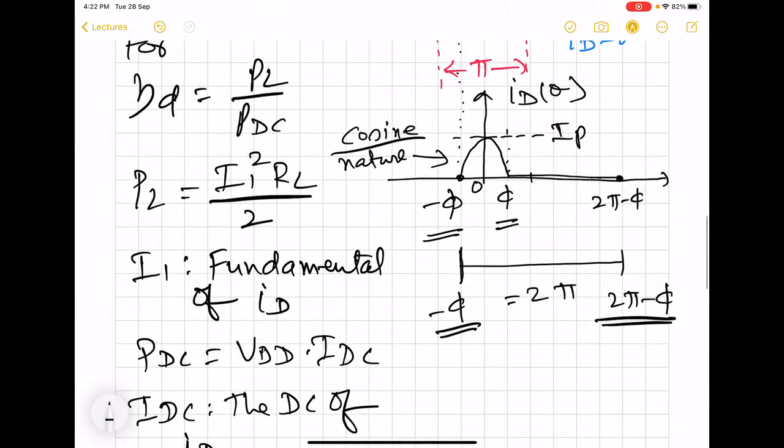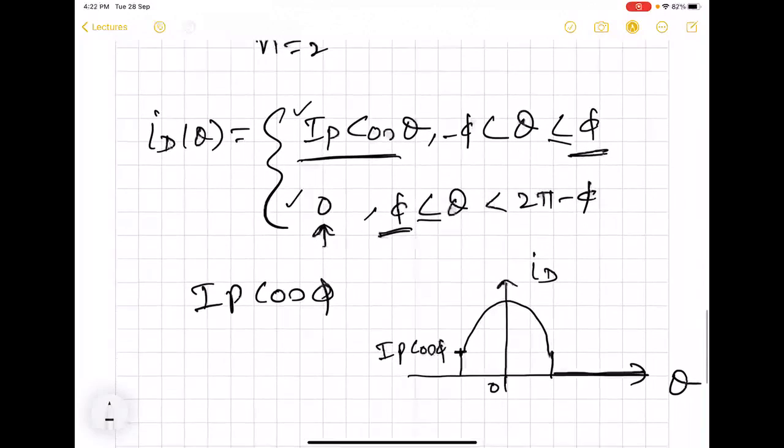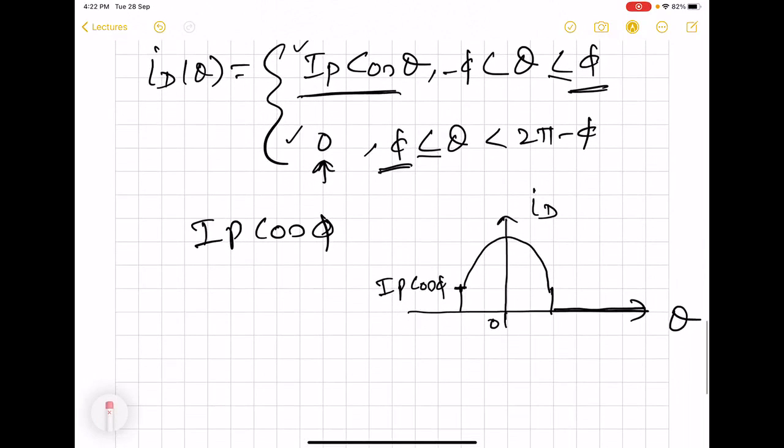Here you can see that there is no jump, right? Non-zero part and zero part are both equal. So this is happening because ID at phi is equal to this function, which is in general not 0, except for phi equal to pi by 2.